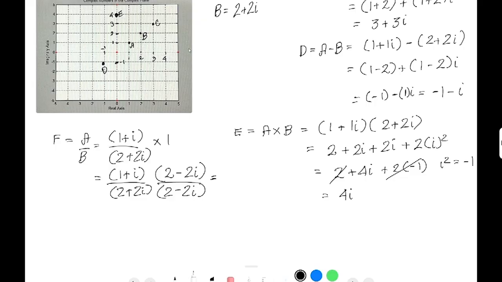That equals 2 minus 2i plus 2i minus 2 times i squared. And the denominator is 4 minus 4i plus 4i minus 4i squared.